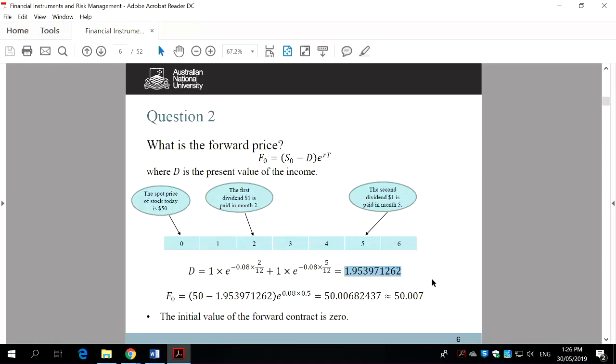That's the sum of the present value of the dividends. Then we subtract it from the current share price, and we bring forward 6 months, and we get a forward price of around $50. So what's the initial value of this forward contract when the contract has just been initiated?